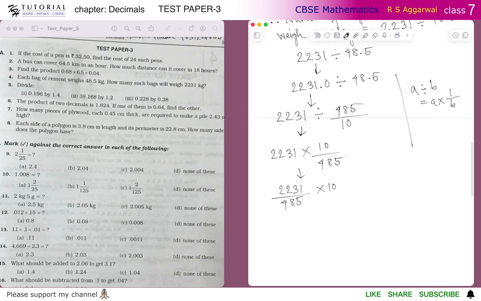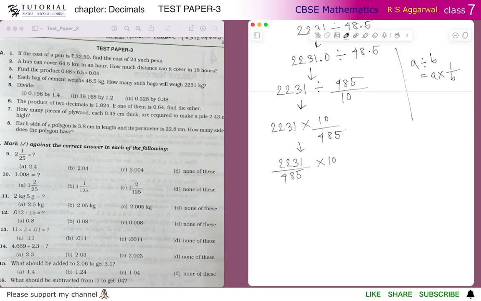We have to first convert the fraction 2231 by 485 into a decimal number, and then we will multiply by 10. We know how to find the product of a decimal number with a number which is a power of 10, like 10, 100, 1000. So let's first calculate: when we divide 2231 by 485, this becomes 2454, I guess.